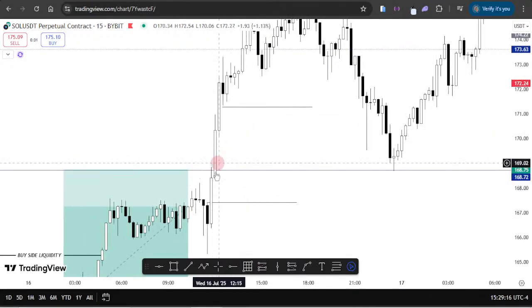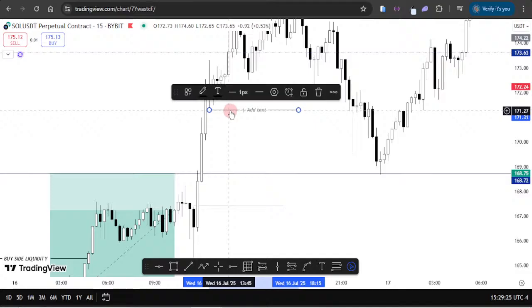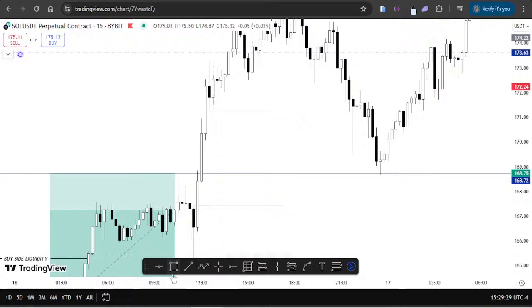There was no sell side delivery right here, so this is a buy side inefficiency, BISI. It was coined by ICT.